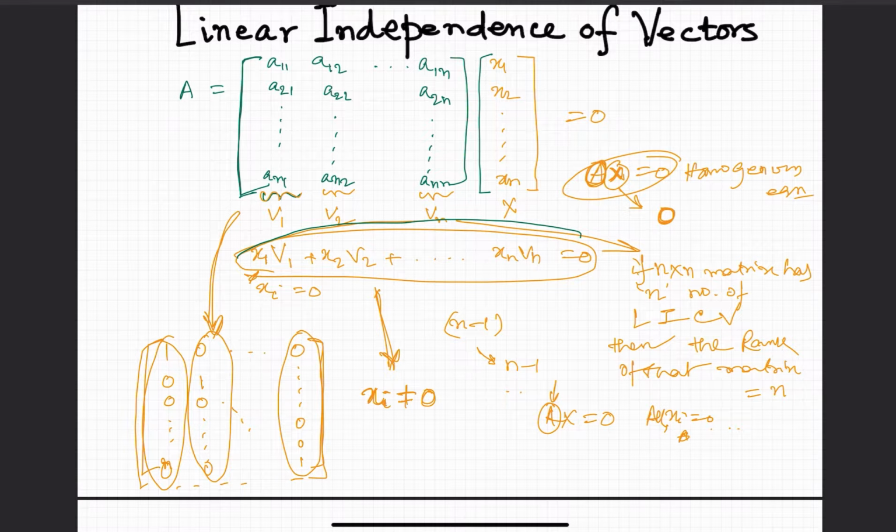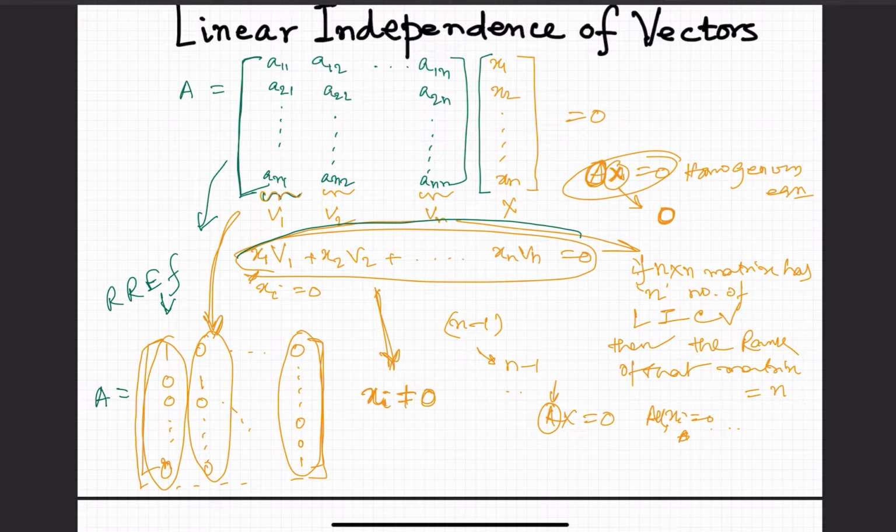And if all the vectors from the A matrix, whatever they be, are linearly independent of each other, by reduced row echelon form we can have the A matrix as this.